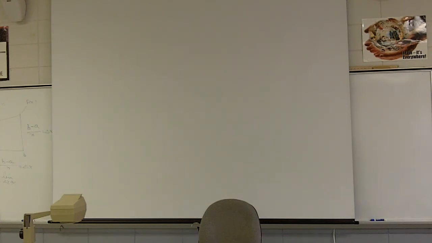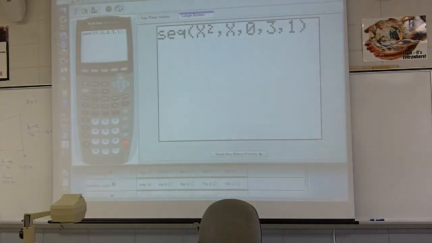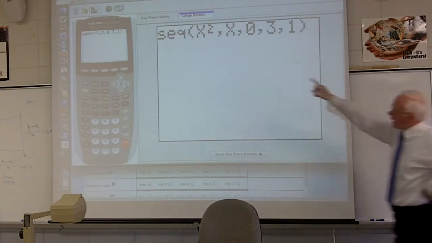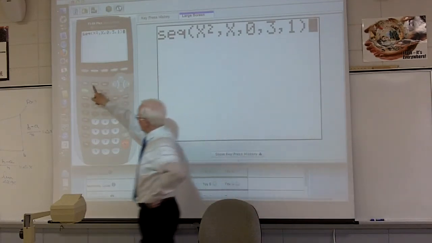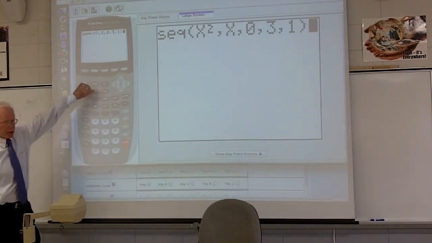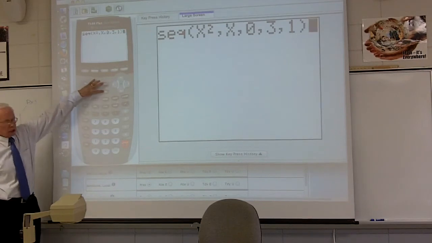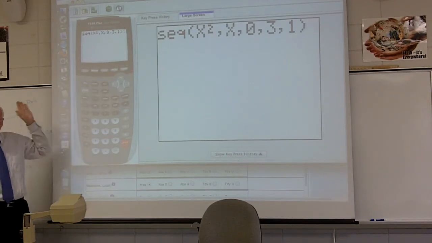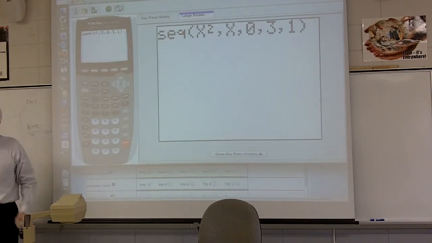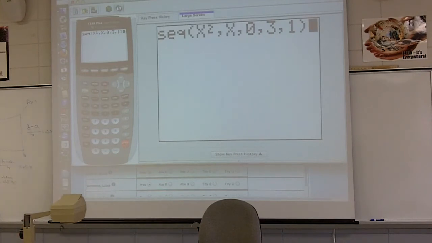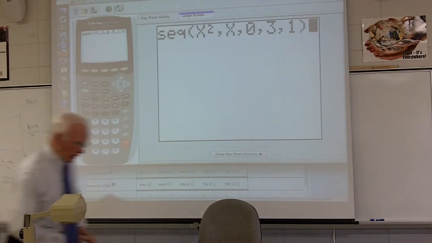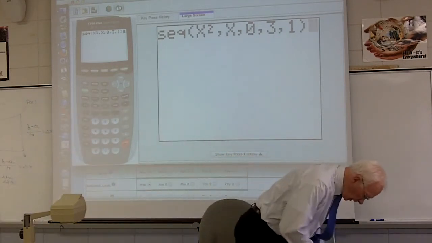Okay, now, I have this here. A sequence is under second, stat, list. Go to list, and then you go into the middle, and number 5 is sequence. Correct?